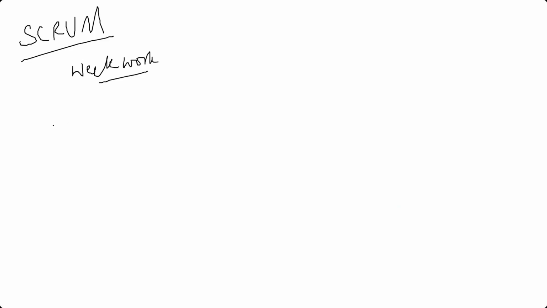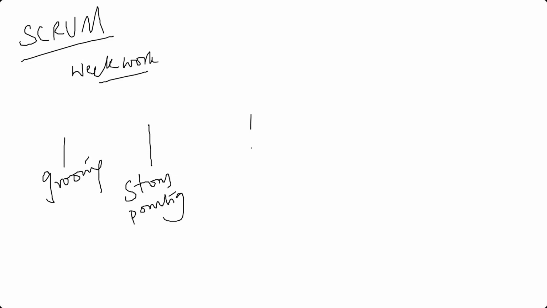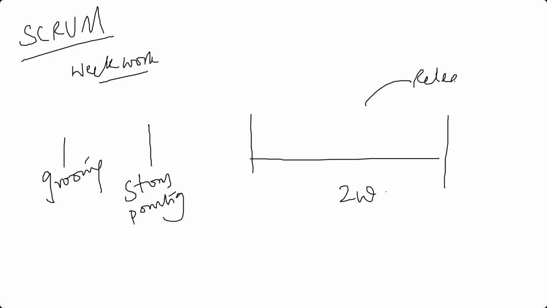What are those processes? The processes are grooming, which is the first step, story pointing, then the sprint starts for 2 weeks, then release.